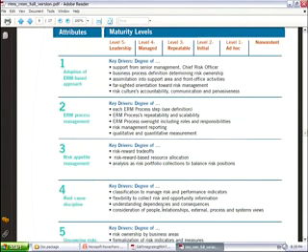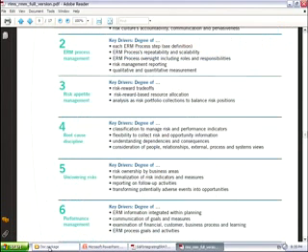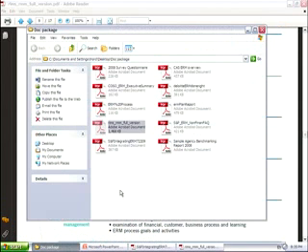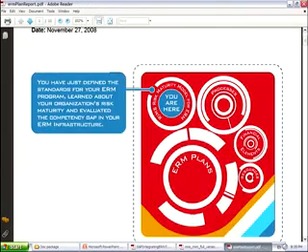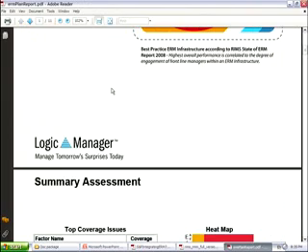Now they've got a little software package that you can pump information into. That's online, I think. A software vendor did this for Logic Manager.